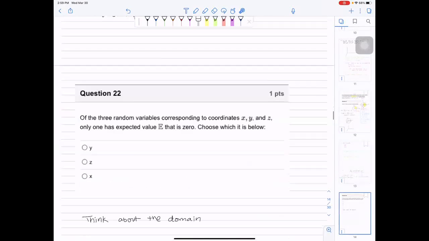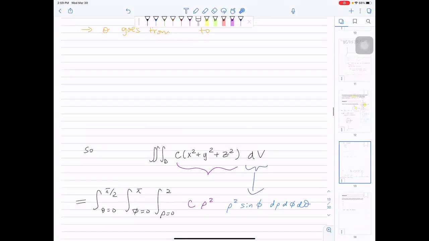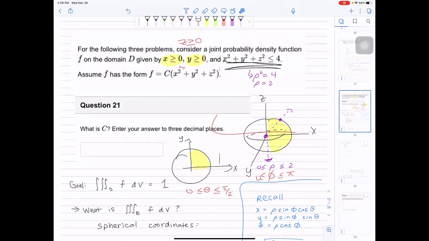So think about the shape. Remember, expected value is kind of like an average. So which one might have an average of 0? Any ideas? Yep, z would have the expected value of 0. That's because x can only be positive and y can only be positive, so your expected value for x and y will probably be positive. But z has values that are positive and negative, so its average is around 0.